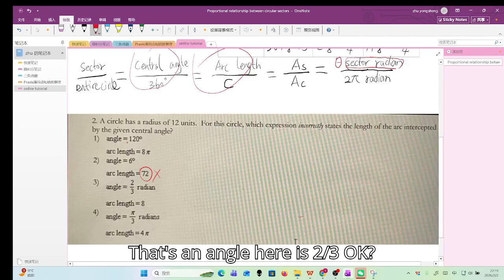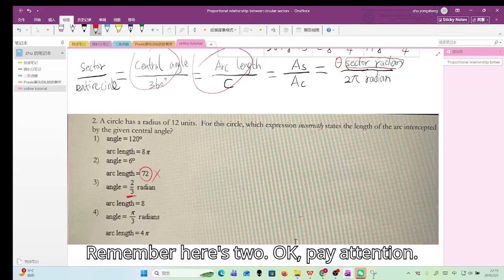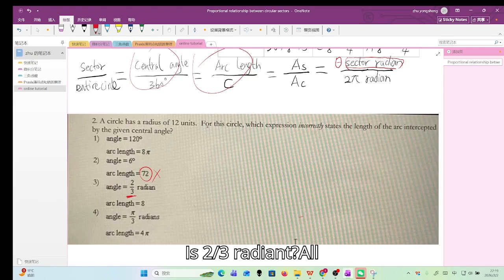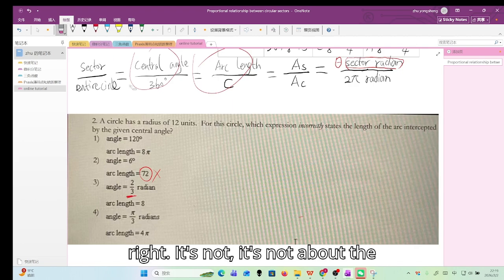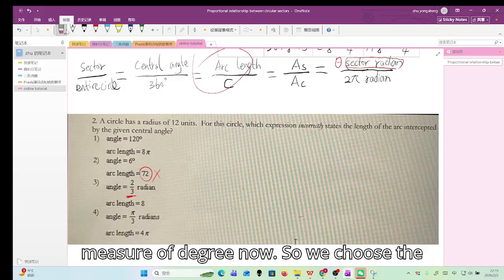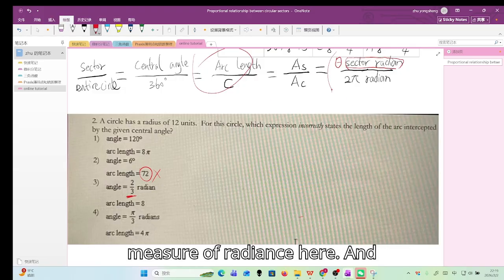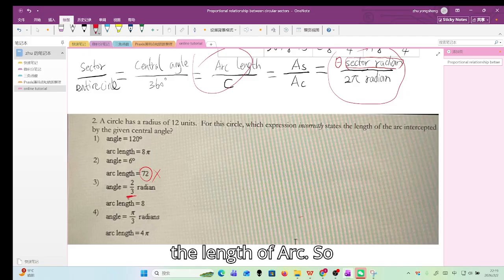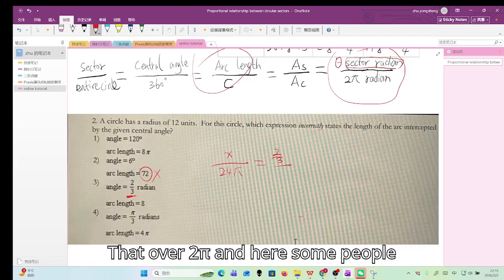It says the angle here is 2/3. Okay, pay attention. It's 2/3 radian. All right, it's not about a measure of degrees now, so we choose a measure of radians here, and the length of arc. So length of arc is still x. The circumference is still 2 pi r, which is 24 pi, and the sector angle theta is 2/3, over 2 pi.